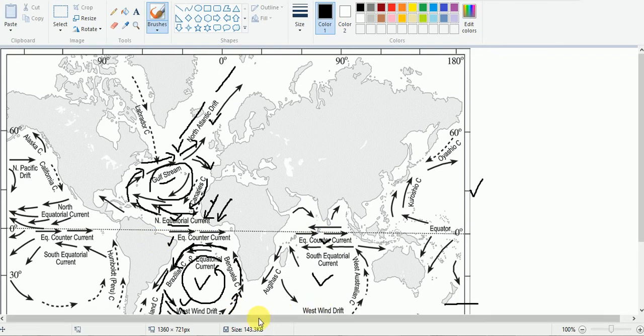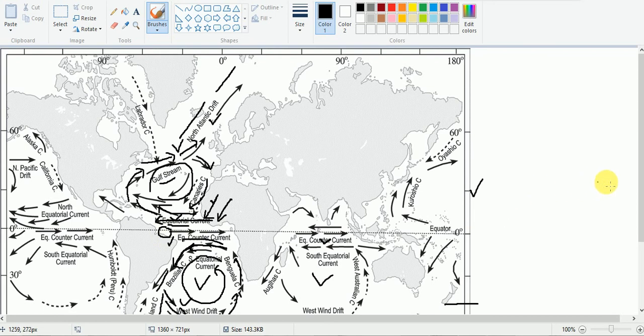One more thing you have to know is that there is a continuous flow of water from east towards the west, and here in the northern hemisphere also there is a continuous flow of water from the east towards the west. Because of this continuous flow, ocean water is piling up here.